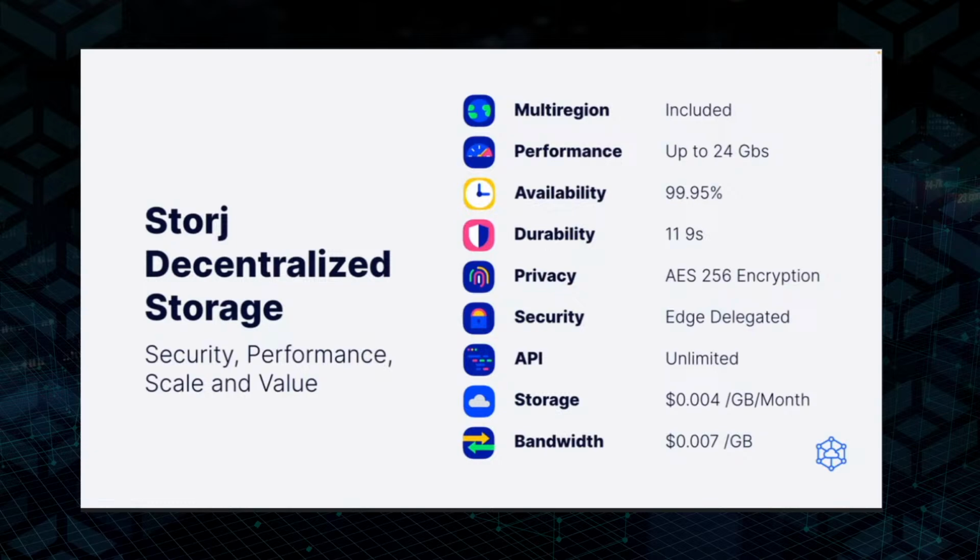When a file goes into the network, some pieces may land in New York, some in Oregon, some over in Europe, in the UK. And you get that for $4 per terabyte per month, and the egress there you can see is $7 per terabyte.